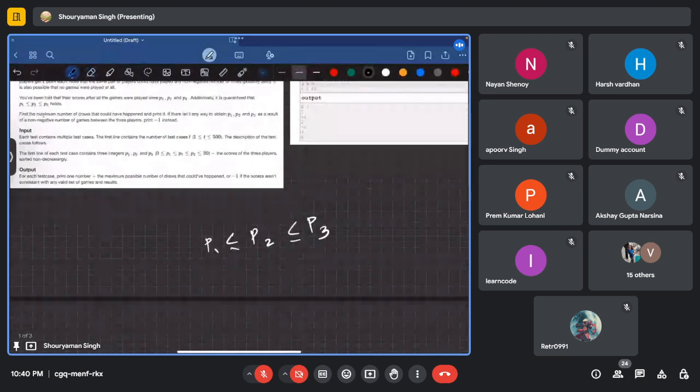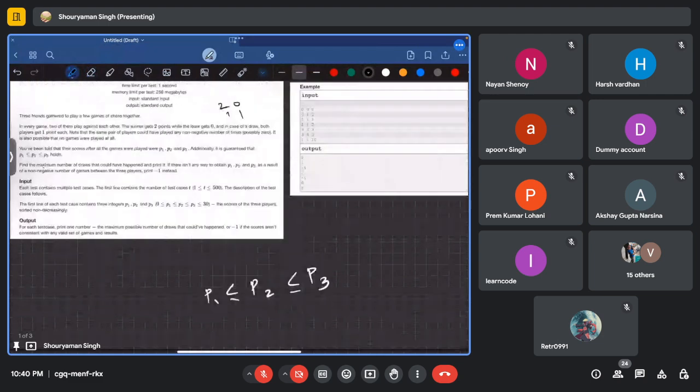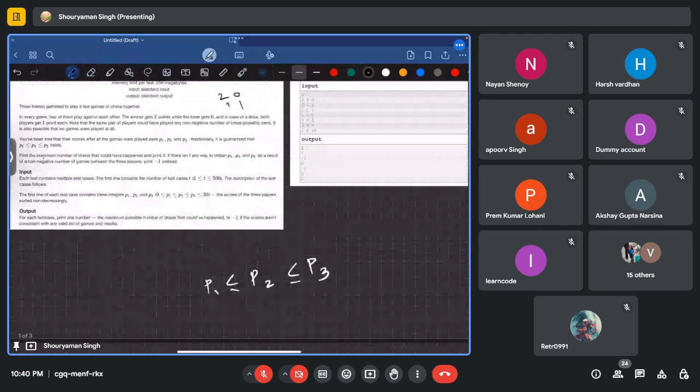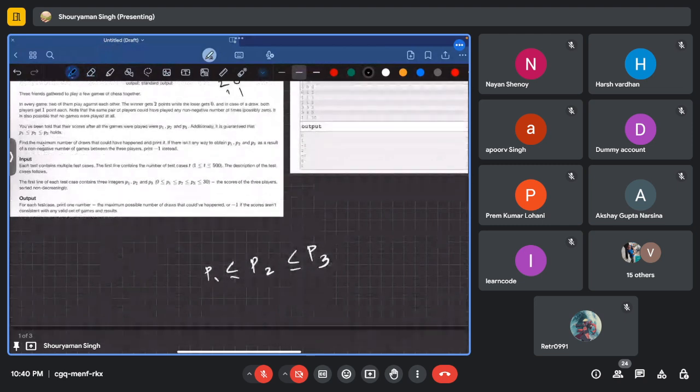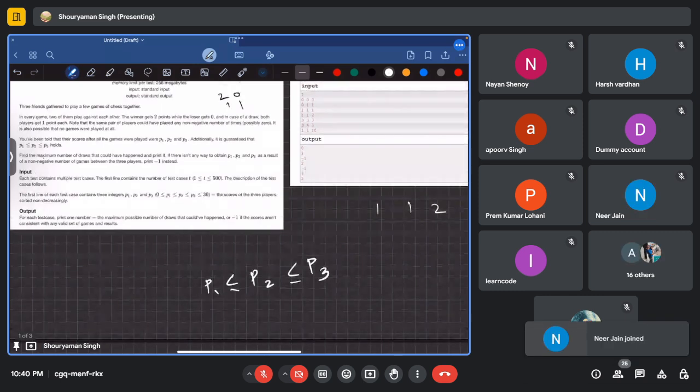So how do we get the maximum number of draws? That's the biggest question, right? So let's take a few dry runs. Let's take 1, 1, 2. As you can see, the optimal number of draws will be 2 for this.